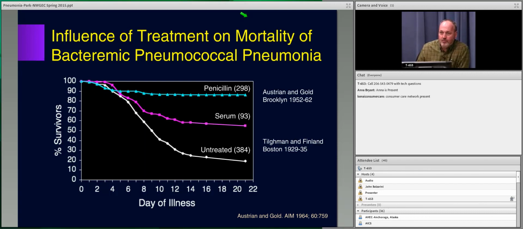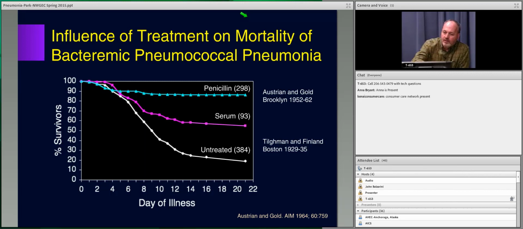Then you give horse serum raised against that capsule saccharide, and save lives. So the untreated people were people who had a pathogen that they didn't have serum for, and the treated ones were patients who had a pathogen that they had serum for.